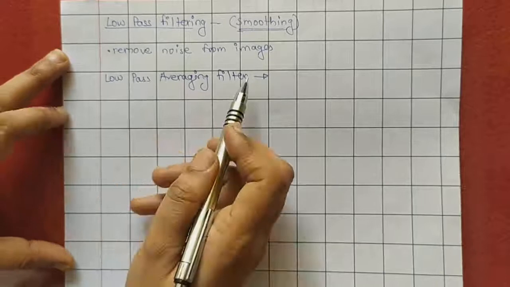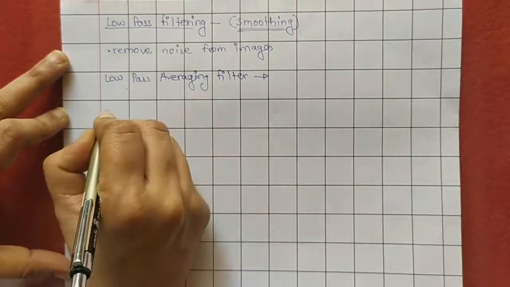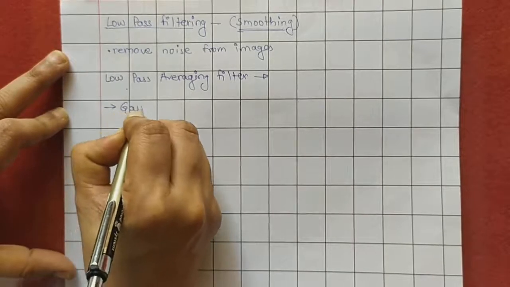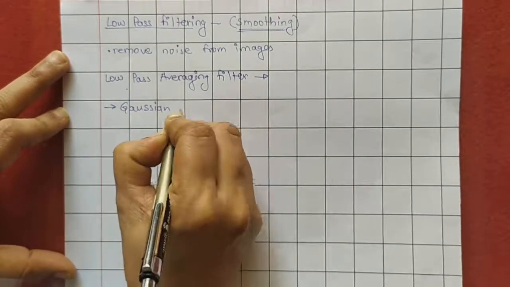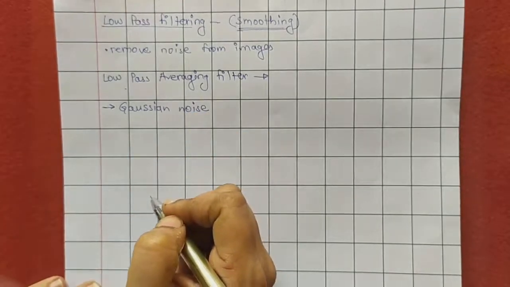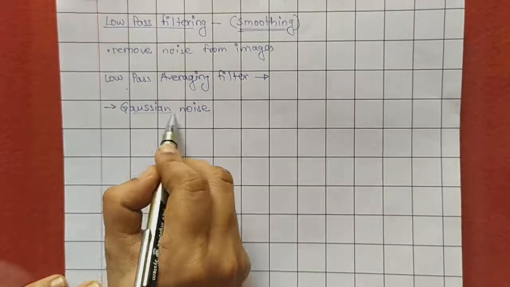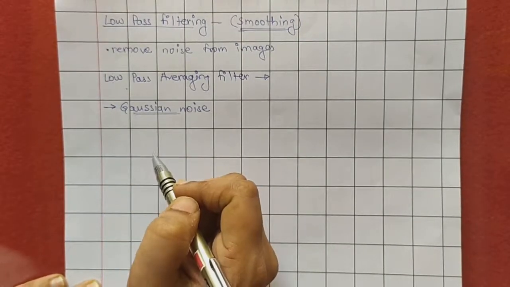Now for the low pass averaging filter, if the image has Gaussian noise, then we can use this low pass averaging filter to remove the Gaussian noise from the image.